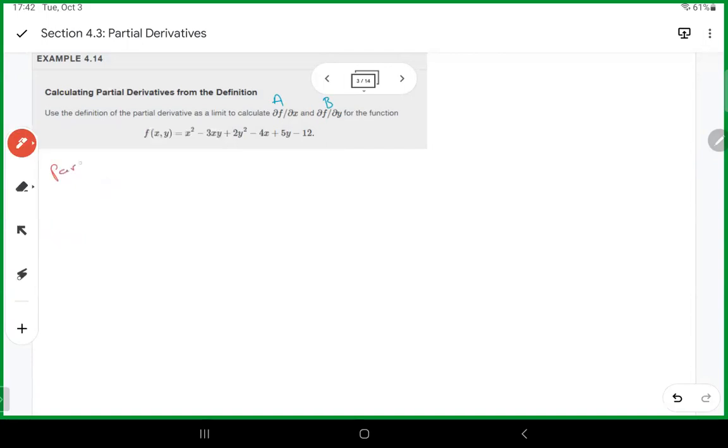So part B. Before we do anything, we want to find now f of x, y plus h. So we'll have our x squared minus 3x(y plus h) plus 2(y plus h) squared minus 4x plus 5(y plus h) minus 12.